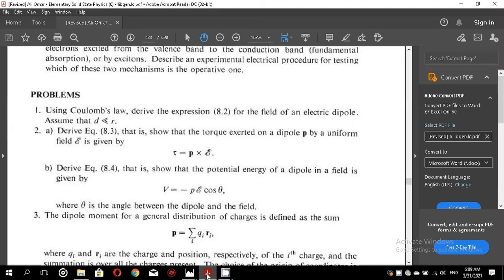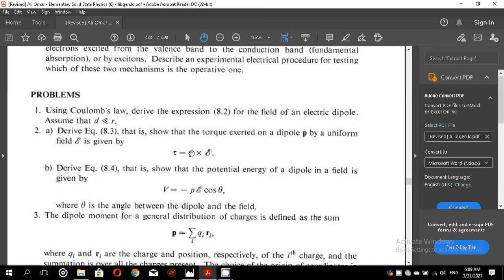And for problem 3, you can also discuss the B part of this problem. This regards the potential energy, and for the potential energy you will have to take the dot product.